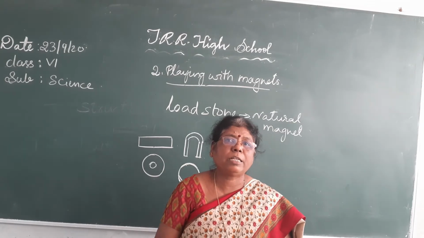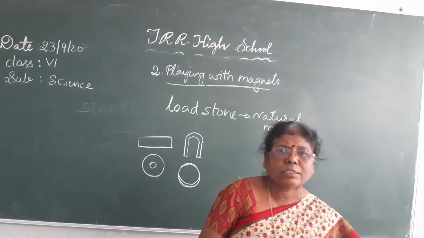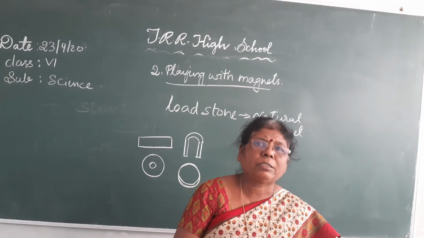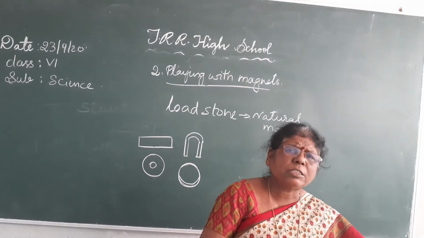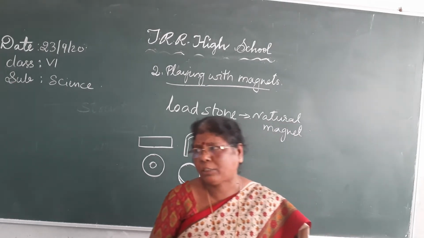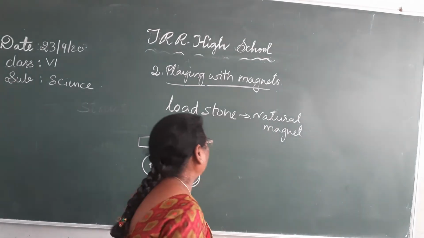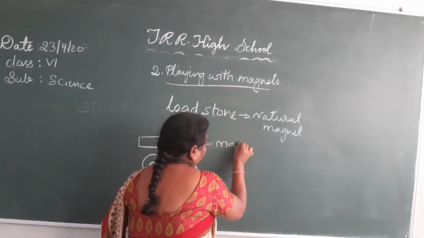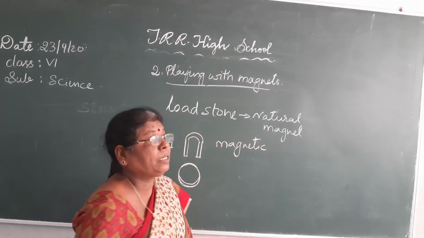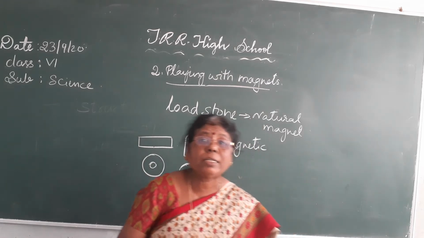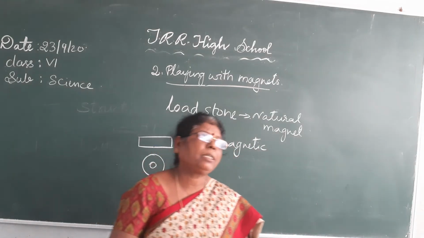Iron nails, iron filings, a metallic bangle, a safety pin, hair clips, all of these are attracted towards the magnet. These are called magnetic materials. The materials which are attracted towards the magnet are called magnetic materials.